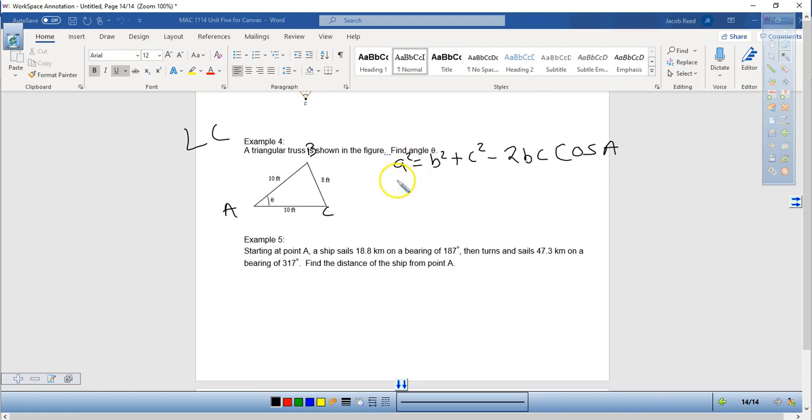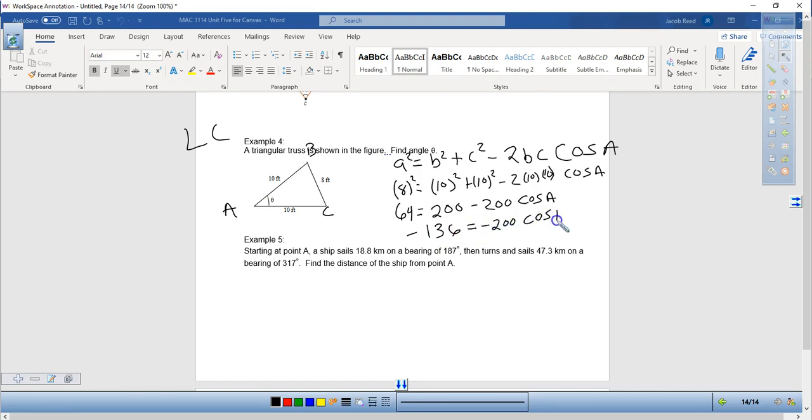Plugging everything in, this is going to be 8 squared equals 10 squared plus 10 squared minus 2 times 10 times 10 cosine of A. 64 equals, this is 100, this is 100, that's 200. 2 times 10 times 10, so that's another 200 cosine of A. Subtracting 200, I get negative 136 is equal to negative 200 cosine of A. Divide by negative 200.